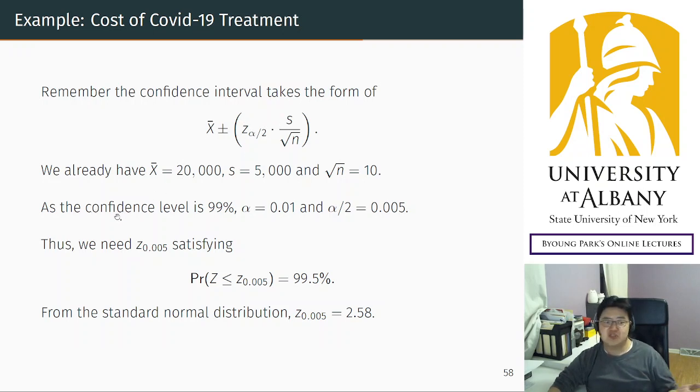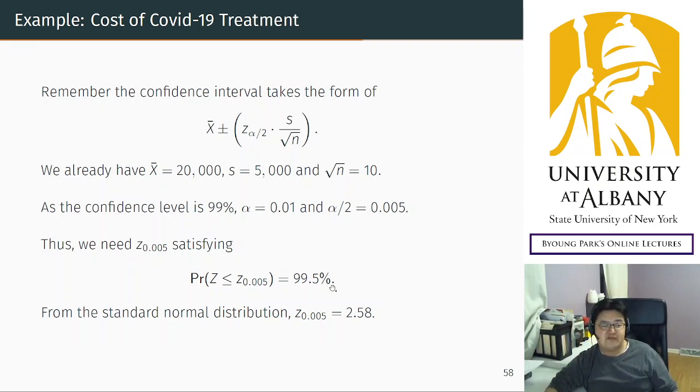Here in the question, the confidence level was set as 99%, which means you are looking for this guy. That's just notation. So you are looking for the top 0.5% value, because the error probability is 1%, so the overestimation probability is only 0.5%.